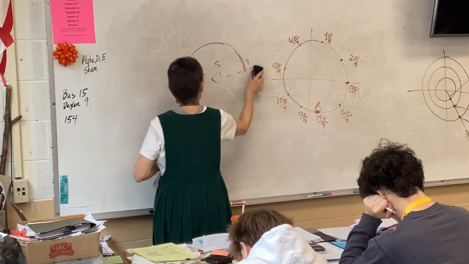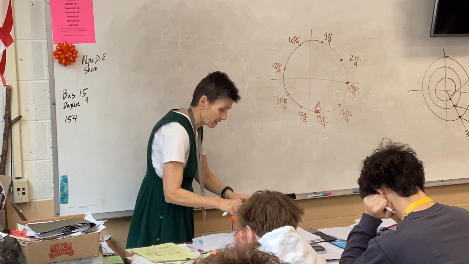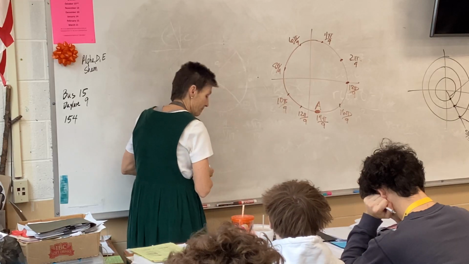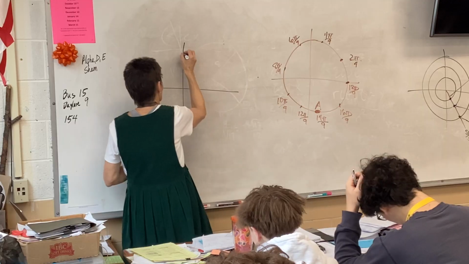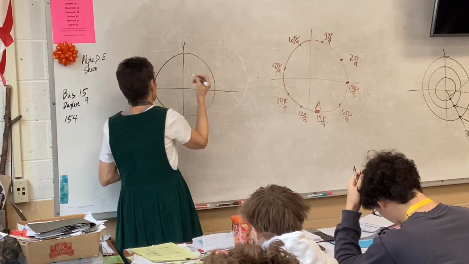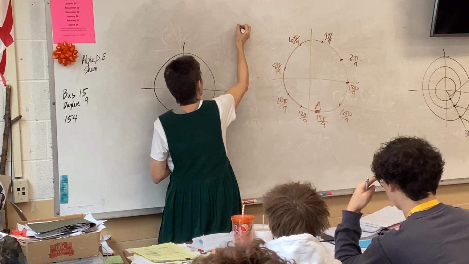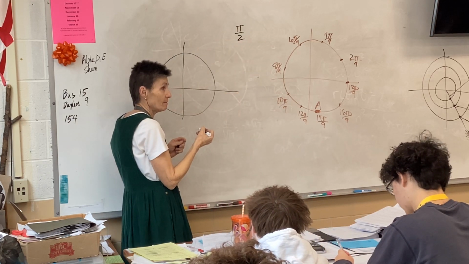Is it true or false that the sine of an angle is equal to the cosine of its complement? What are you talking about, complement? Well, what's pi over 2? Pi over 2 is the same as 90.